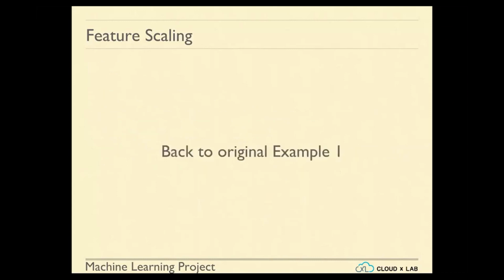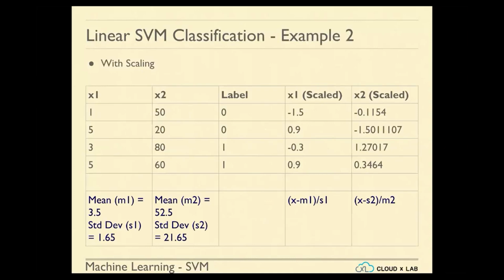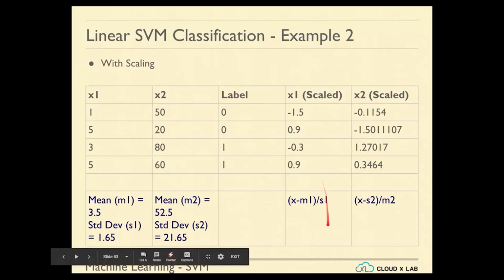All right. Now let's go back to the original example. Here we are computing the mean first, and then we are computing the standardized values here, right? So we are scaling these values.